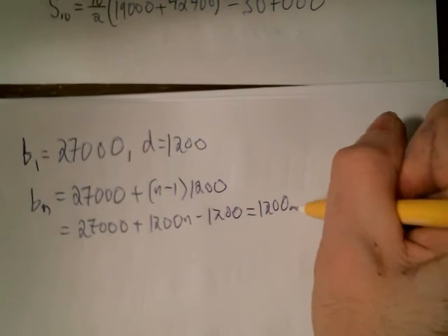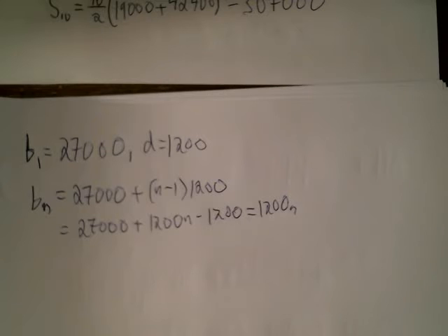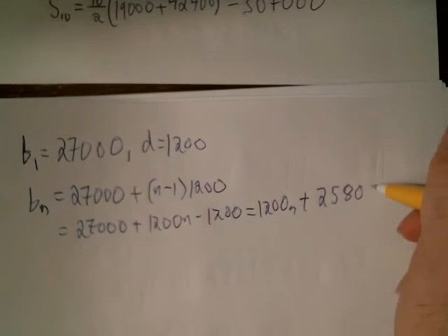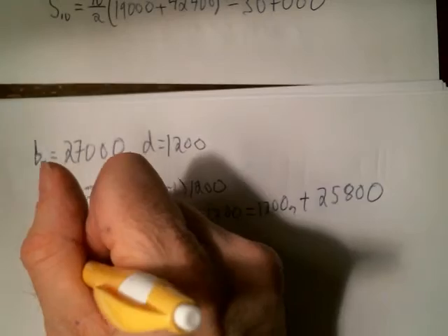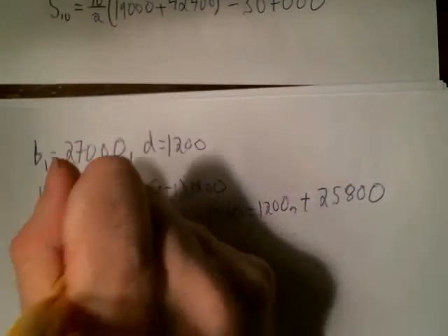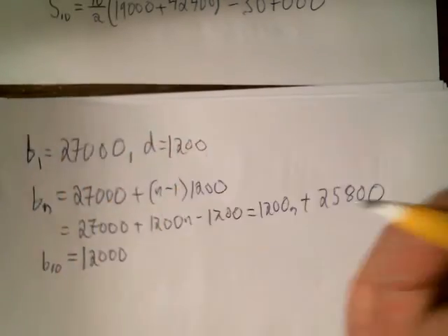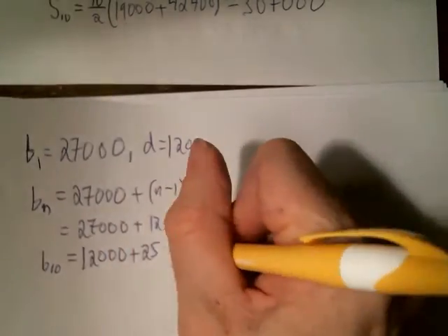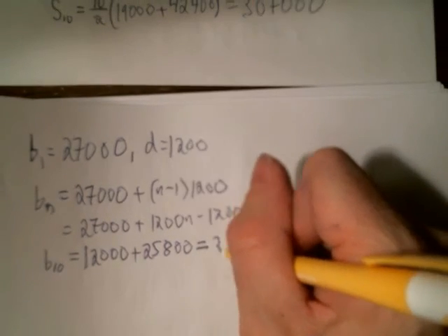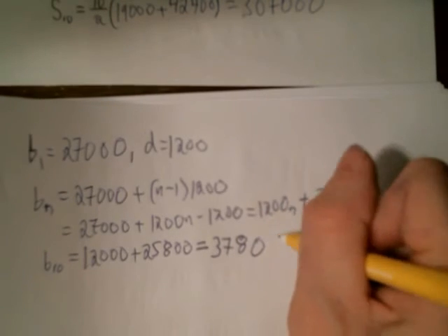So 1,200n and then 27,000 minus 1,200 is plus 25,800. Okay, so B sub 10, we need to figure out our sum. That'll be 12,000 at the end of the day plus 25,800, which will equal 37,800.